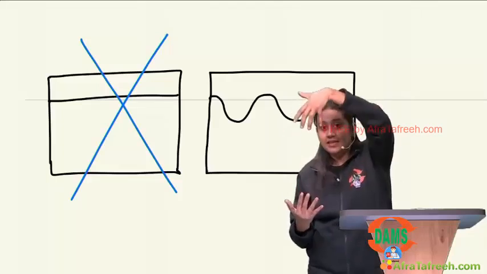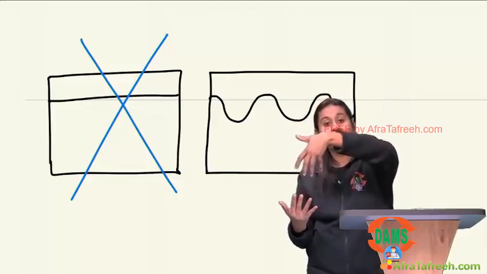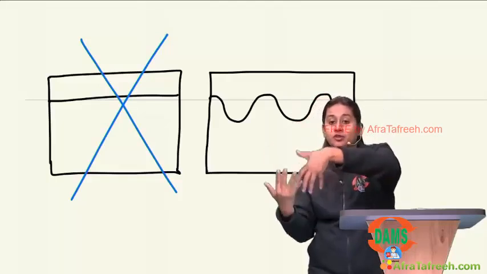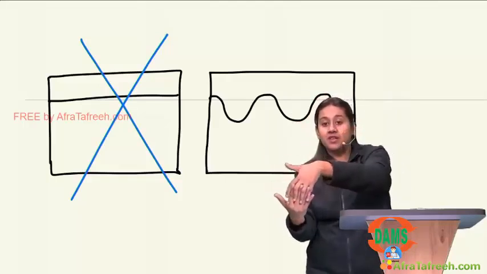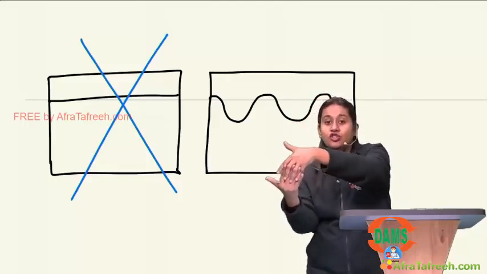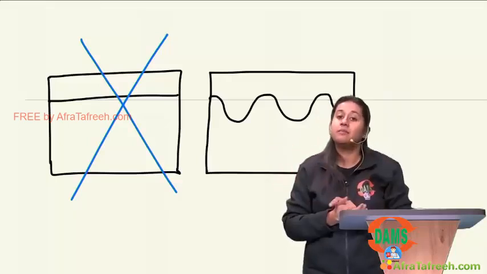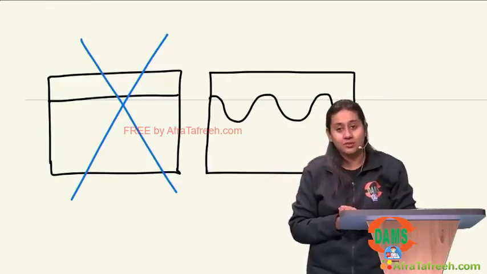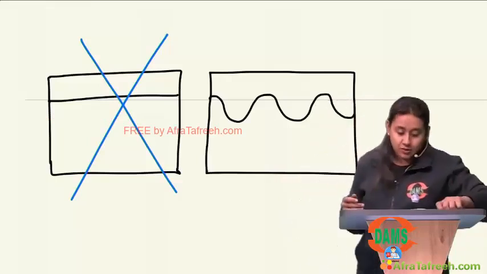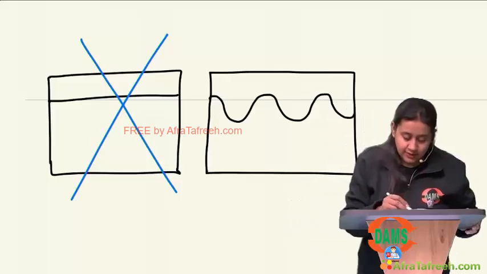The downward projections are known as rete ridges and the upward projections are known as dermal papilla. They form a very strong bond with each other which prevents the epidermis and dermis from slipping off each other.